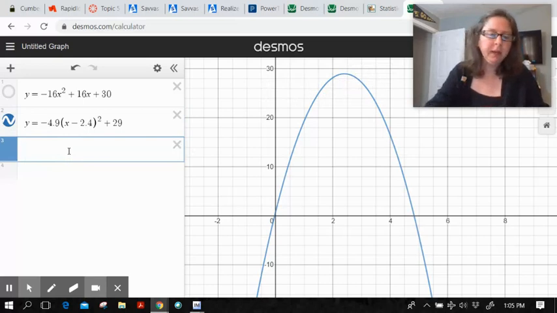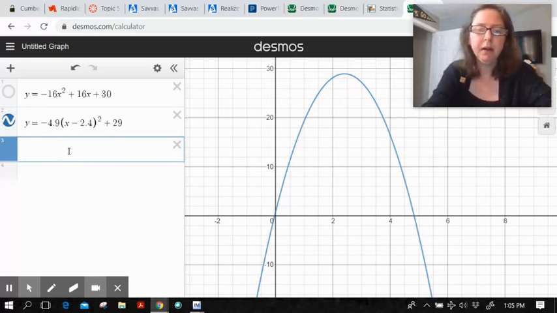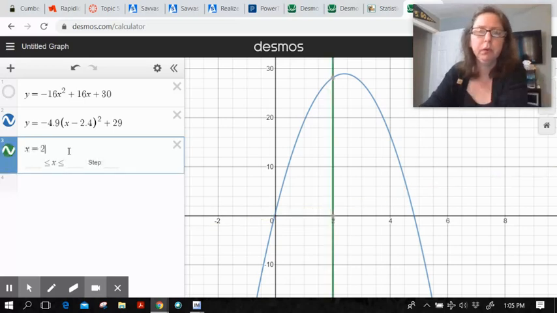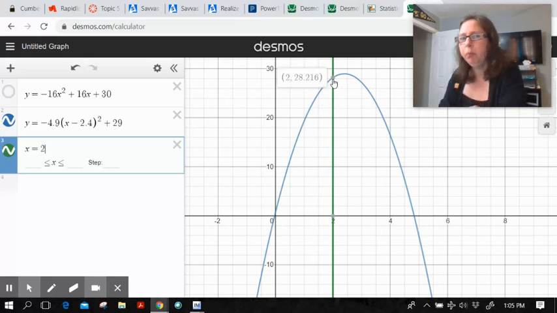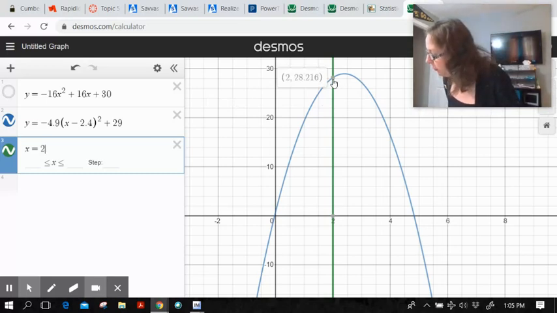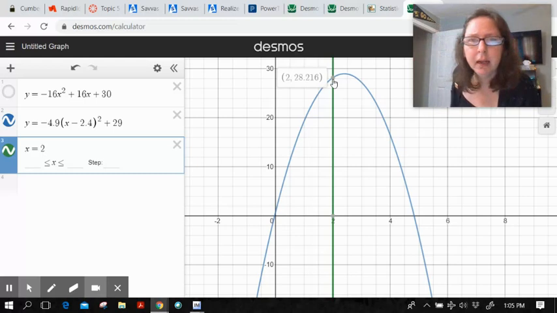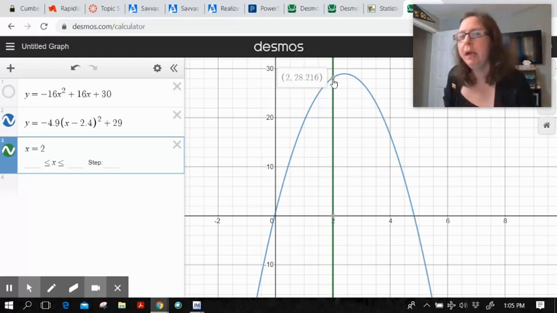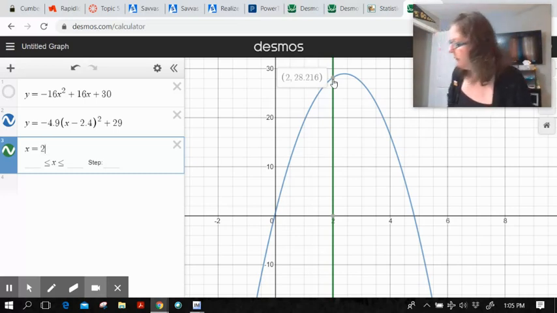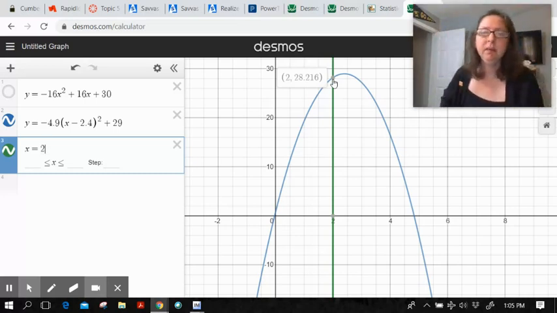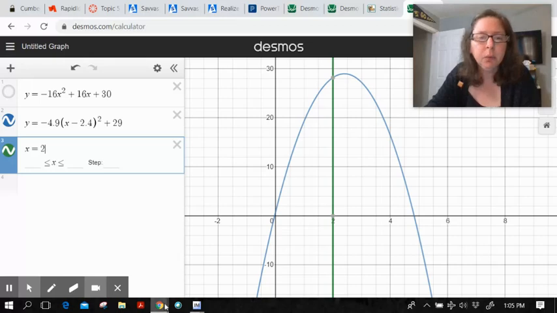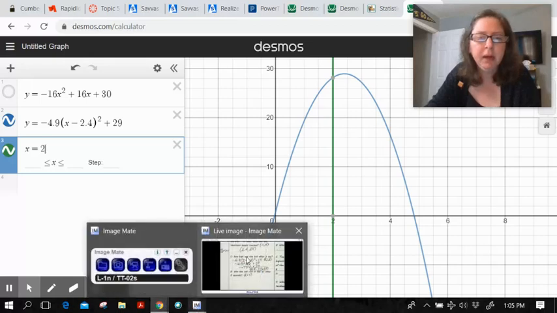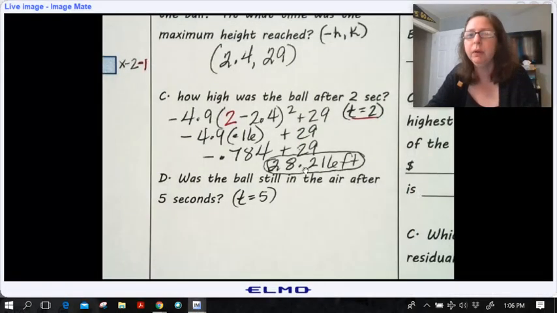The best way to get it exactly where you want it to be is to type it in, x equals 2. And then you can just click on that point. I get 2 comma 28.216, and that's exactly what we got when we did this by hand.